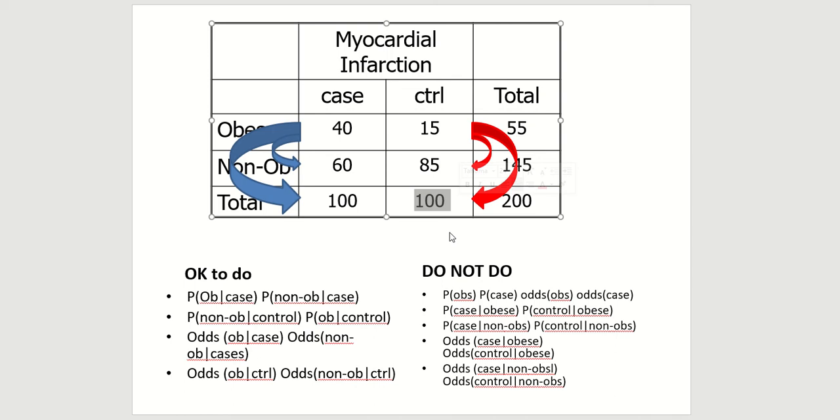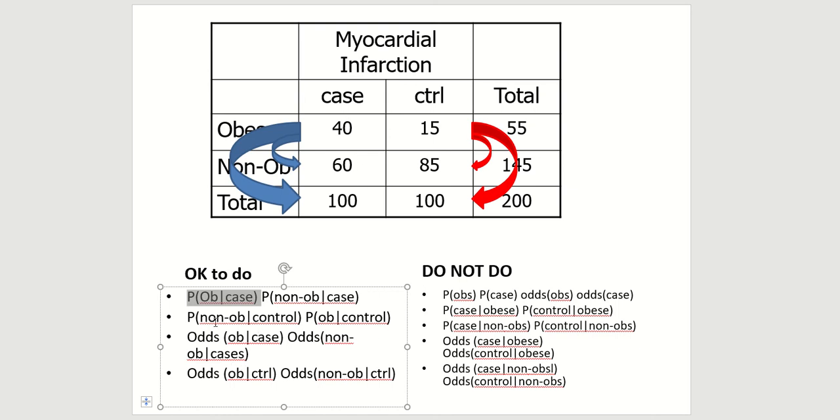The first thing that is okay to calculate is the proportion of obese among cases. This slash means among. So I can look at the obese among the cases, 40 over 100, or the non-obese among cases, 60 over 100. That is okay to do. Same thing among controls: I can look at 15 over 100 or 85 over 100. That would be okay to do as well, if you're doing proportions.